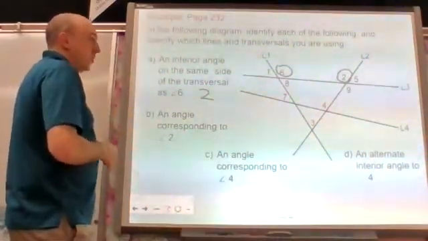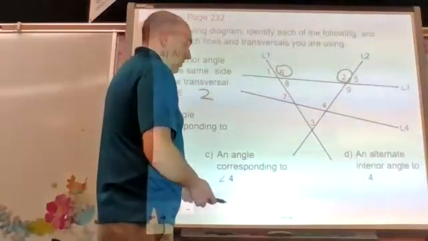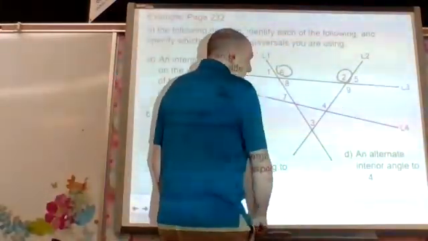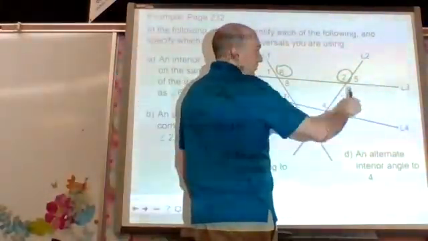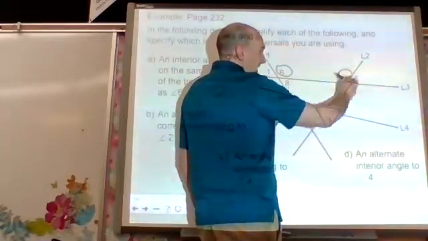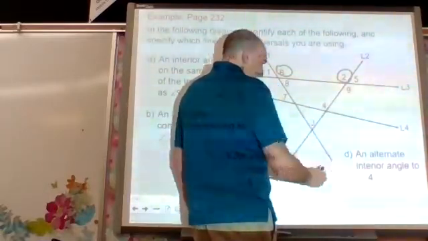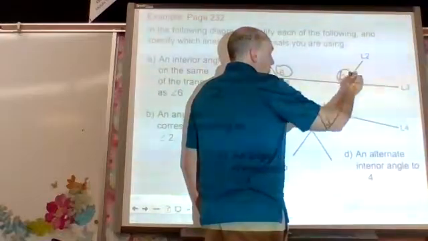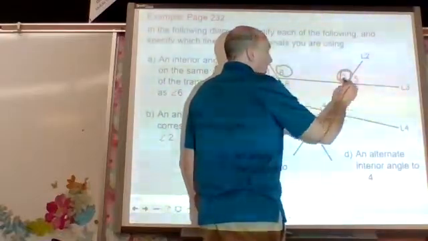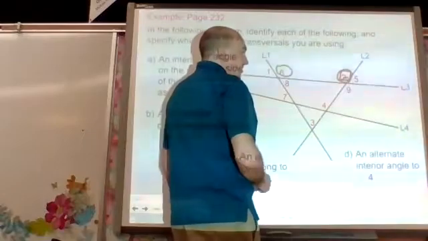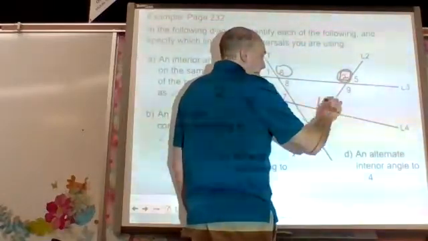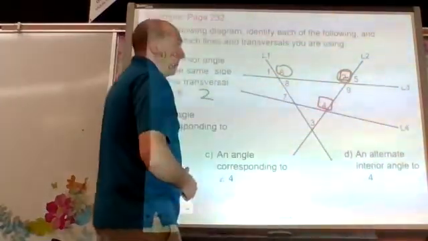But an angle corresponding to 2. So corresponding means it's in the same part of the intersection. Which part of the intersection is it? It's above and to the left. So in question 2, we're looking for something on the same side as 2. 4 is corresponding.